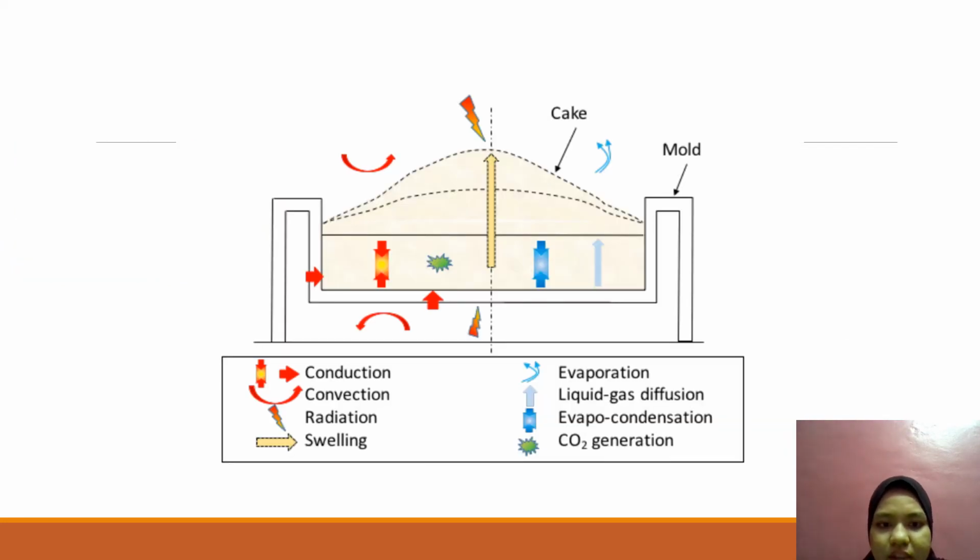The picture shows the physical phenomena that occur during cake baking. So the evaporation-condensation process will raise the water content in the center of the cake, which is called the crumb, and the water content of the cake, on the other hand, diminishes as we approach the surface.